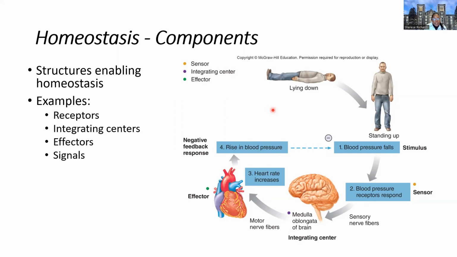All righty, let's think about some of the components here. So the structures that we're describing here are the players that are involved in bringing about homeostasis. The examples of those players are receptors, which detect the change, integrating centers, which communicate the desired outcome, effectors, which carry out the instructions that are coming from the integrating centers in order to bring about the corrective change, and then signals are the messages that are being sent.